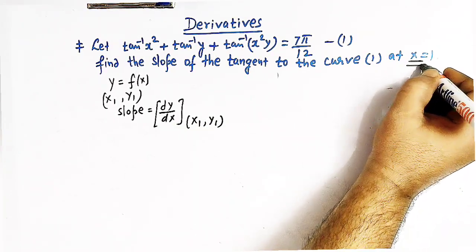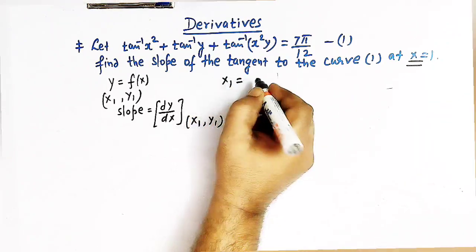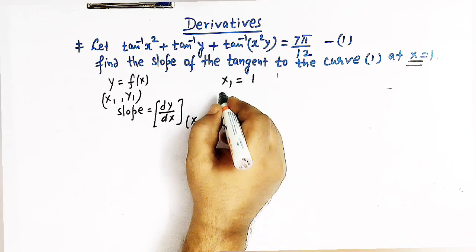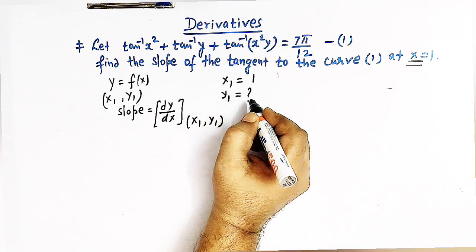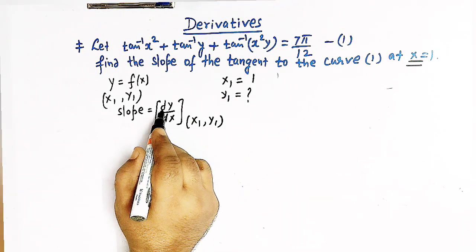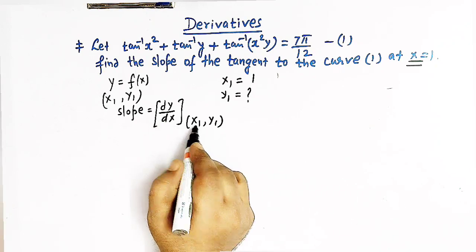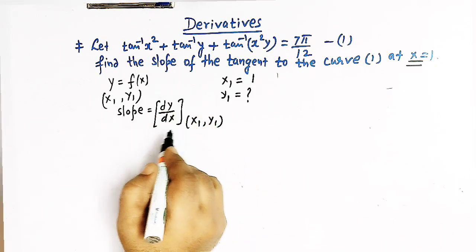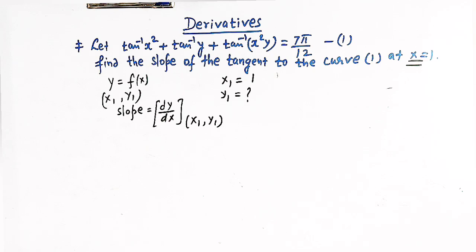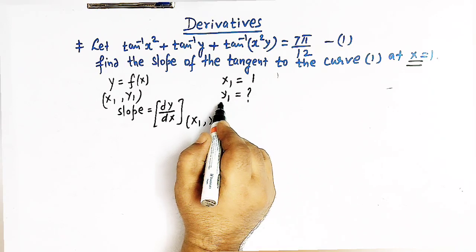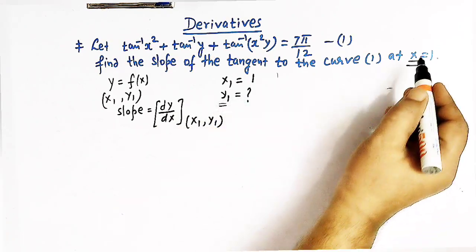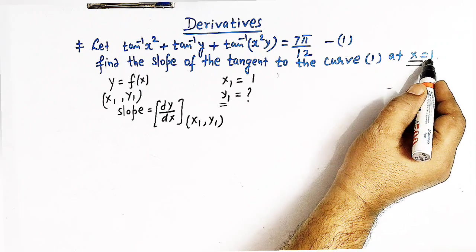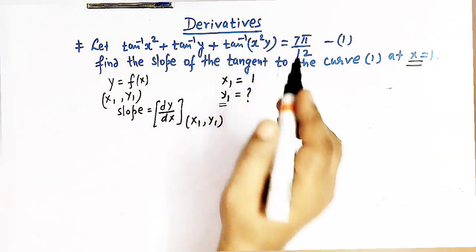Here we are given that x1 is equal to 1, so we first have to find the value of y1. The derivative dy over dx at x1 comma y1 represents the slope of the tangent to the given curve. So to get the derivative, let us first find y1 by taking x1 equal to 1 in this expression.